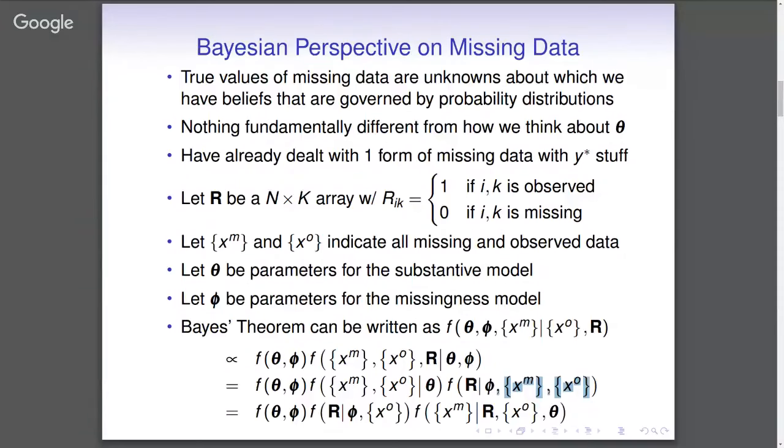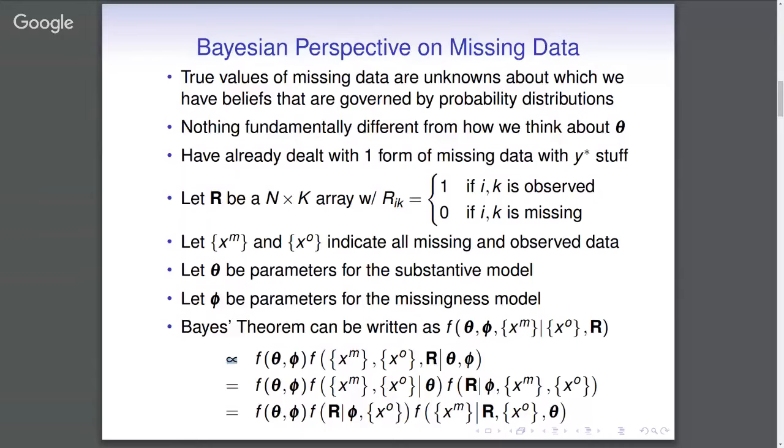So the general multiplication rule implies that this line here is equal in distribution to the line above it. So we've written the likelihood for xm, xo, and R as a likelihood for xm and xo conditional on theta, but not R, and then multiplied by a likelihood piece for R conditional on phi and the missing and observed values for x.